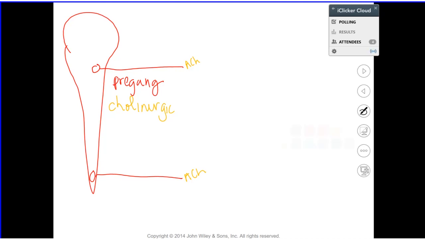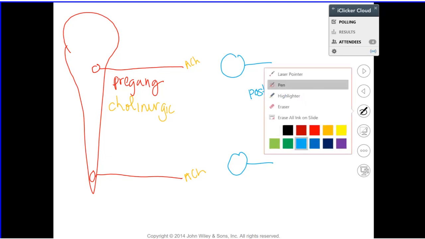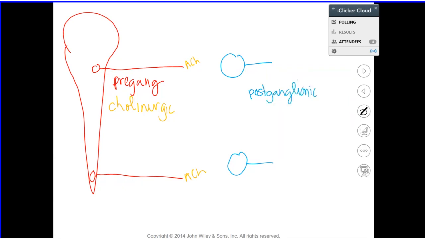Okay, what do we call that second neuron? In the parasympathetic system, what does the second neuron always release?